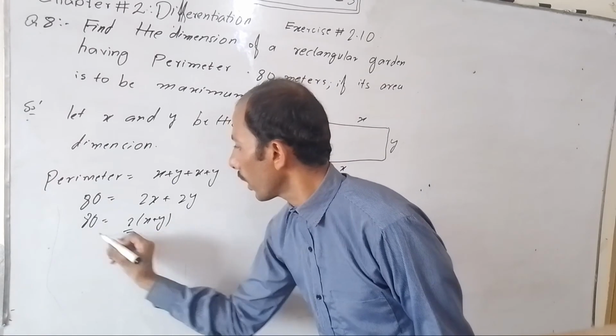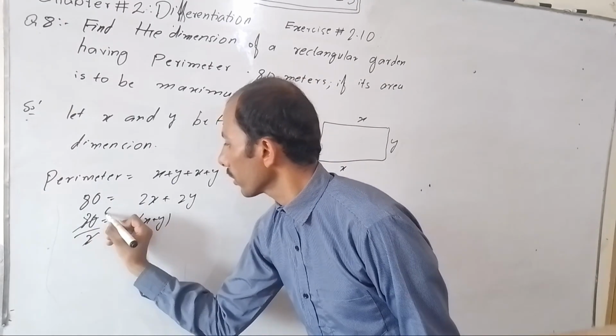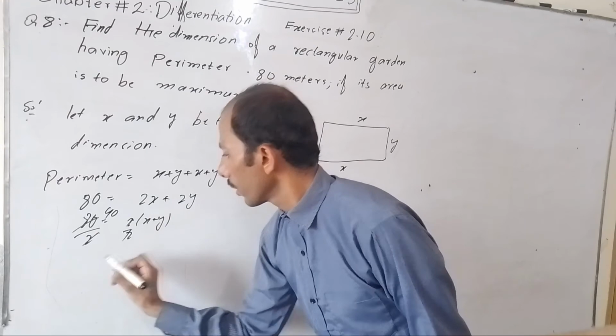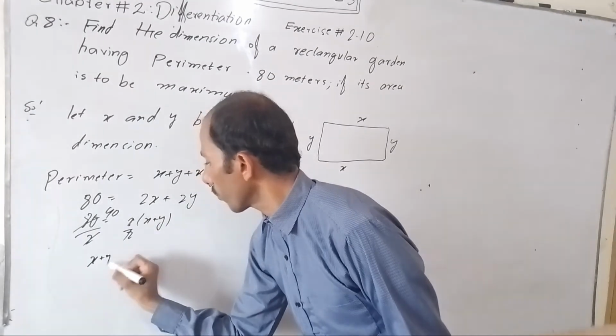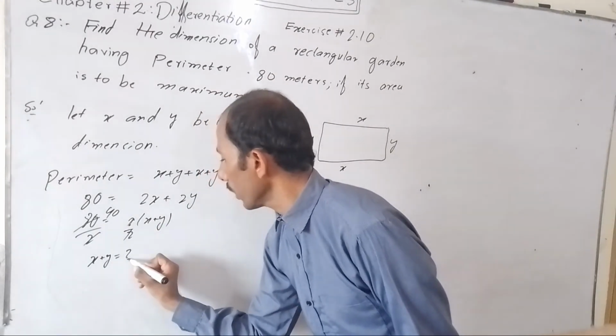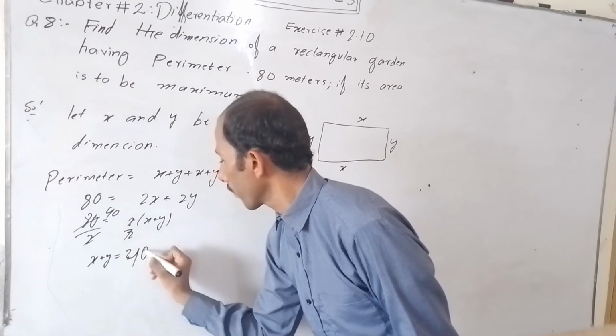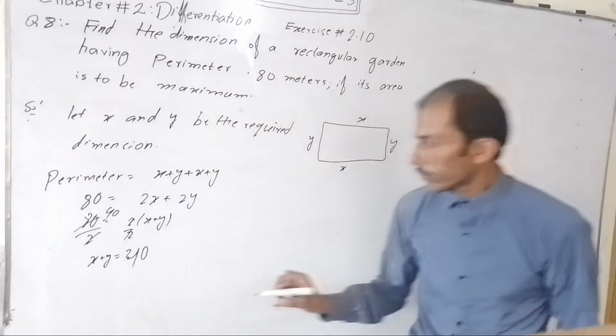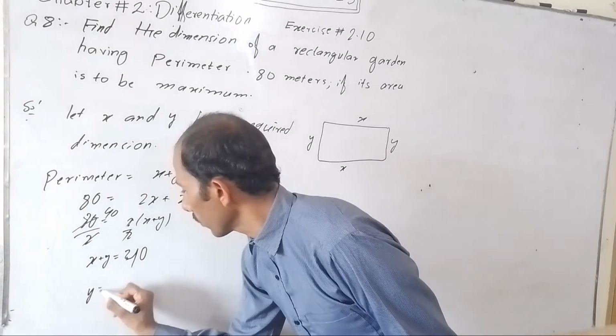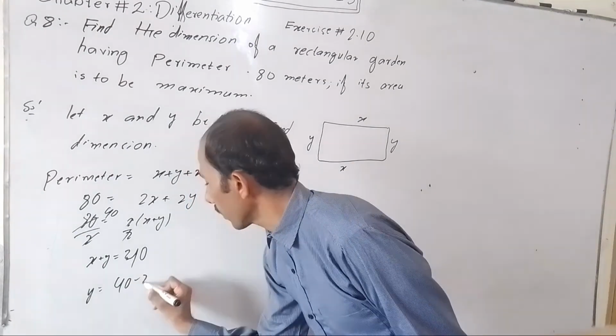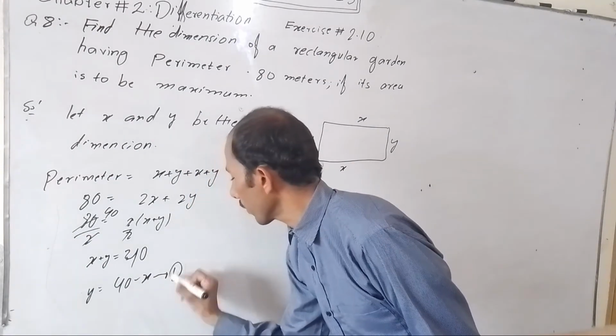Dividing by 2 on both sides, 80 divided by 2 is 40. x plus y is equal to 40. So y is equal to 40 minus x, equation number 1.